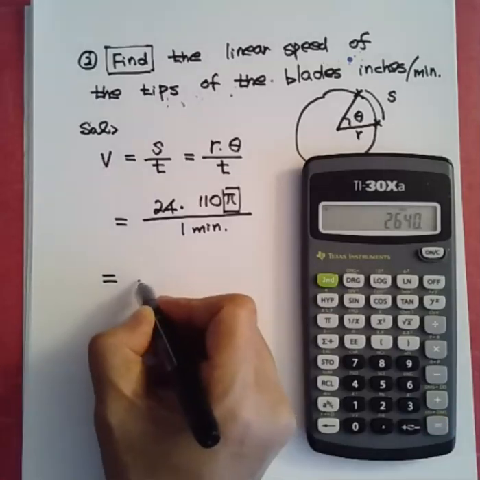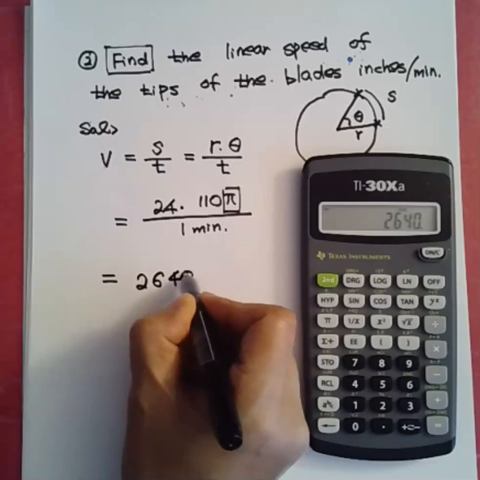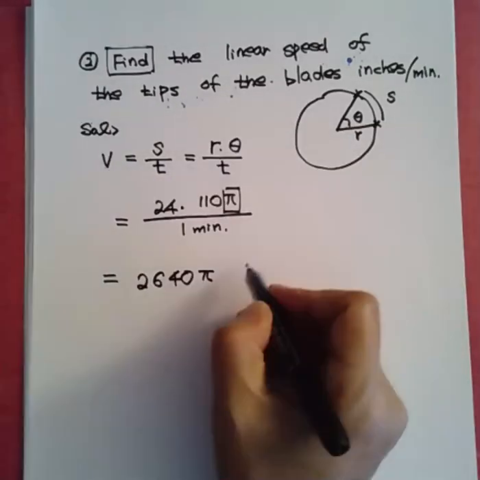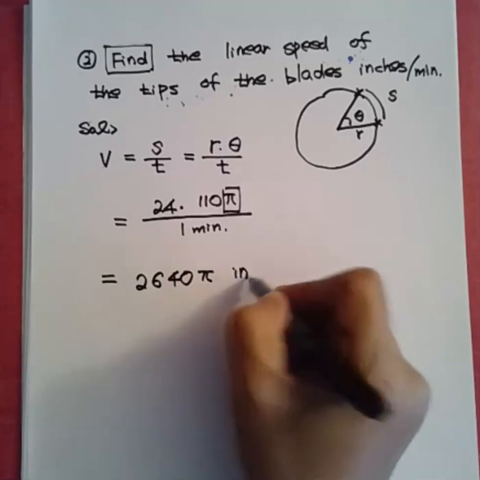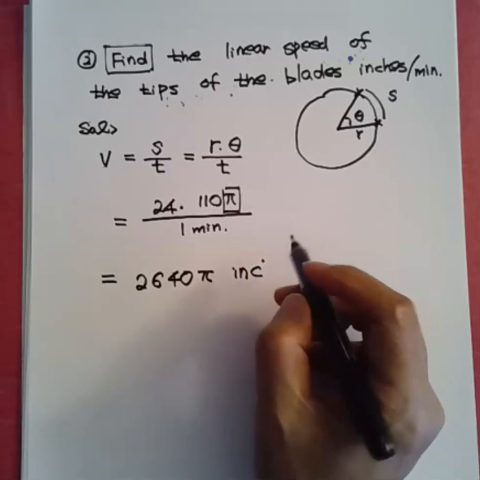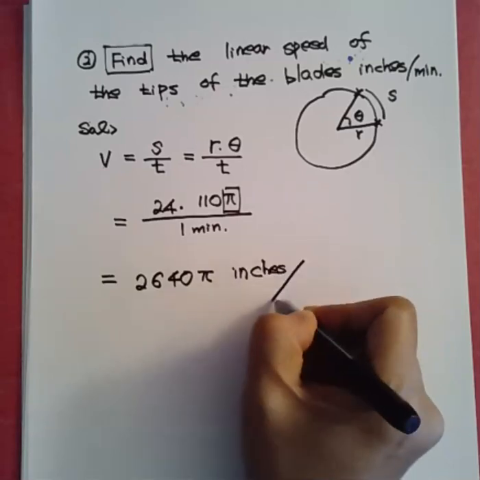That is 2,640. Leave pi as it is. That is 2,640 pi inches per minute.